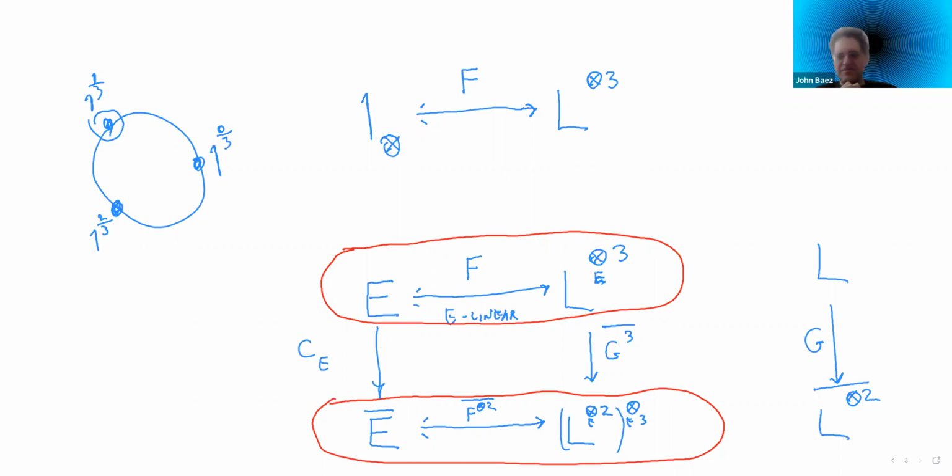But before we quit, let me try to demarcate some of the things that we have done and some of the things that we haven't done yet.